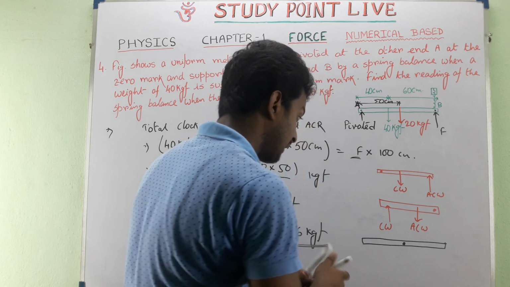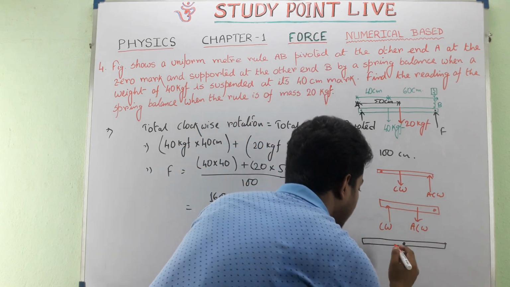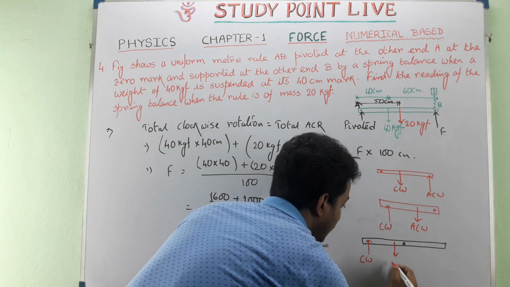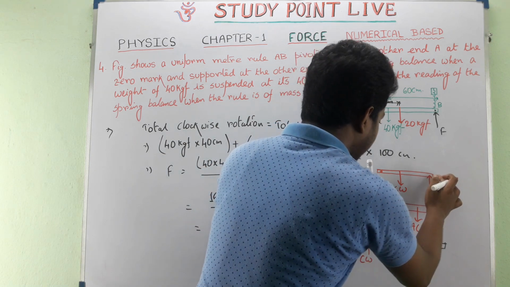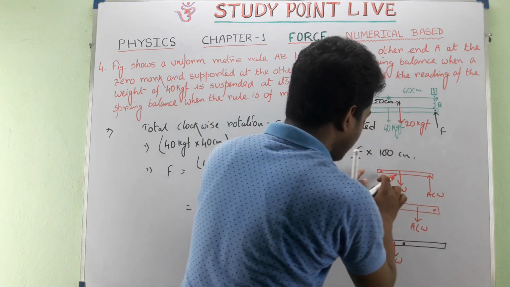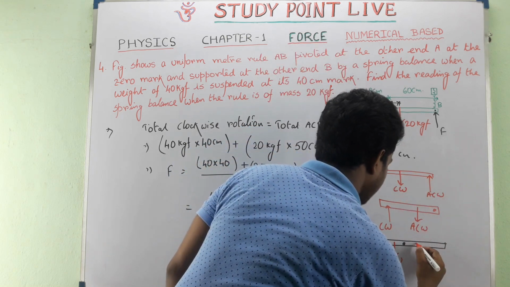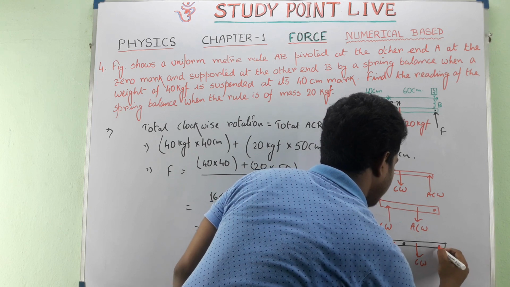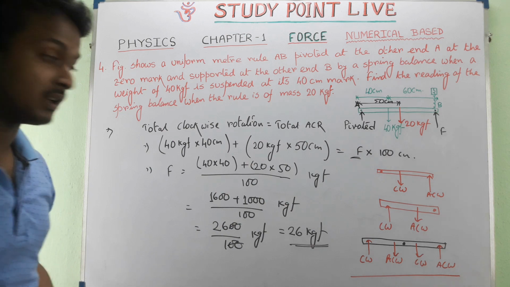For this case, if the pivot point is here, it will be clockwise on one side and anti-clockwise on the other. And if this comes over here, as this point is fixed, for the right part it will be clockwise, and for the left part anti-clockwise. So this is the basic conclusion.